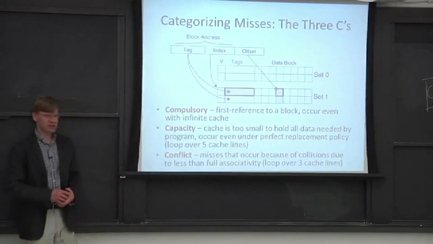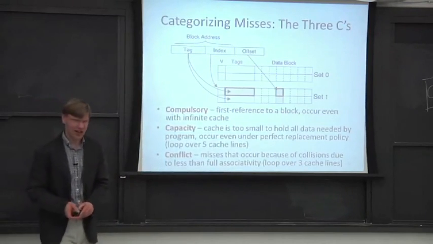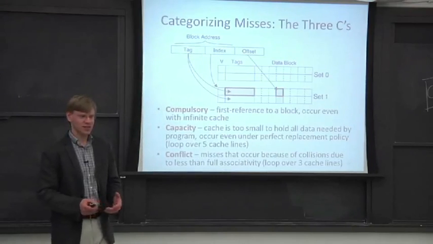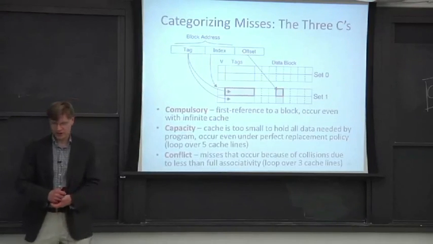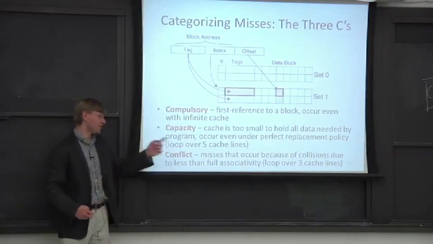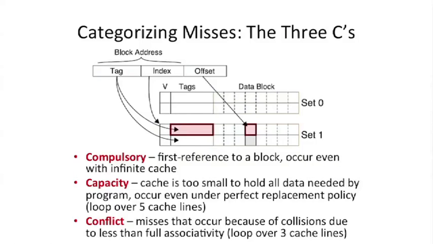Okay, so finally, the last thing that can cause a cache miss to occur is conflict in the cache. This means that we don't have a high enough associativity, and two different blocks alias to the same location and fight for that location.